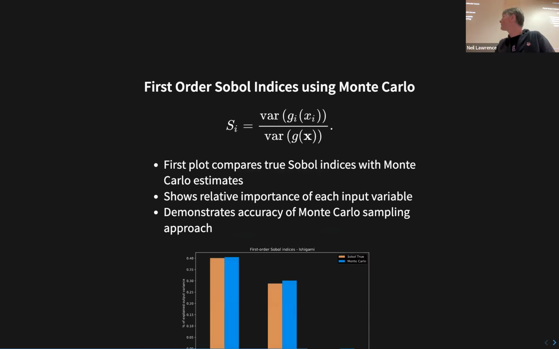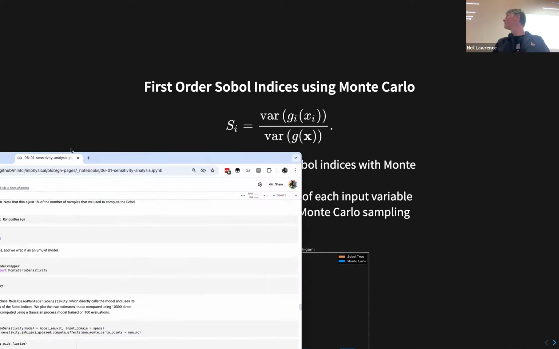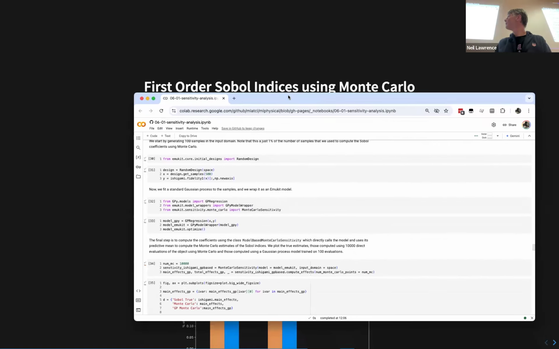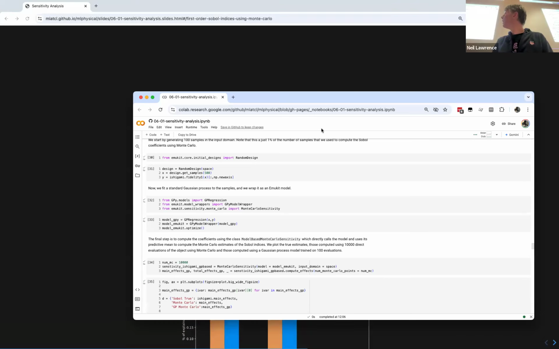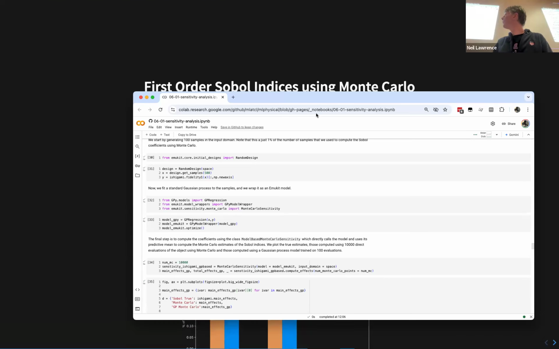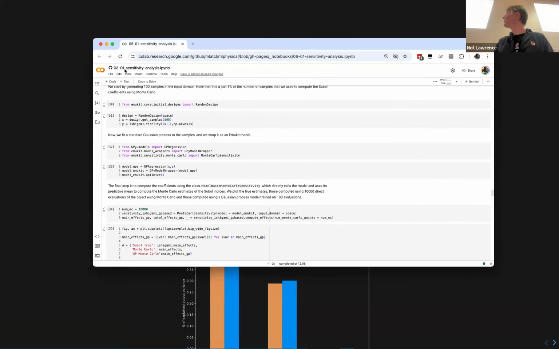I'm not going to go through the details of that. Oh, sorry, I should have had a new slide in here. Let me see if I can go to the notebook. I did try earlier and run it, and it looks like this is actually all run. This is the notebook for today. Why is that not showing up?